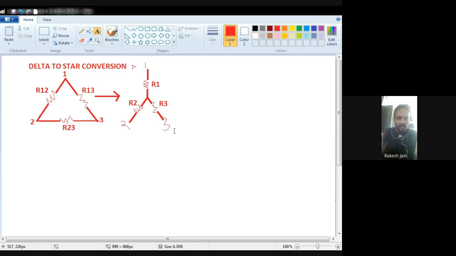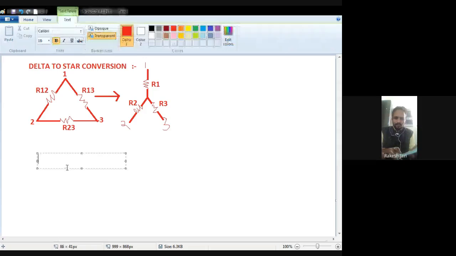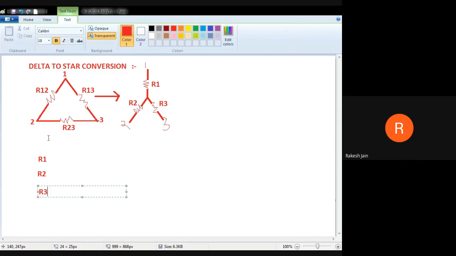It may be 2 ohm, 3 ohm, 5 ohm, 7 ohm, 10 ohm, 15 ohm, any one according to the question. But the representation in the given question is related to the delta. Then to simplify the question, if you wish to convert it into a star network, then your star network will look like this one, the right hand side.